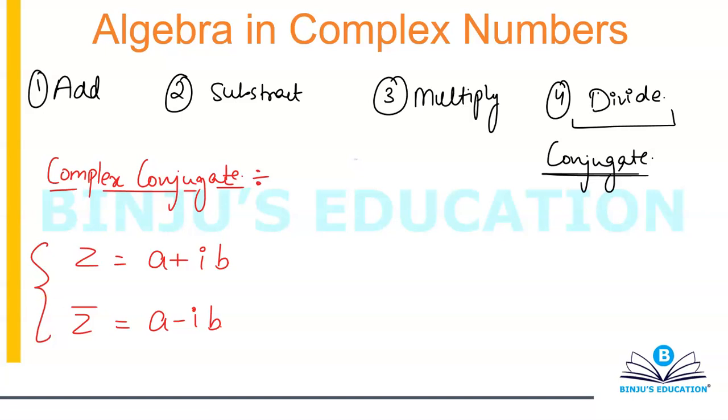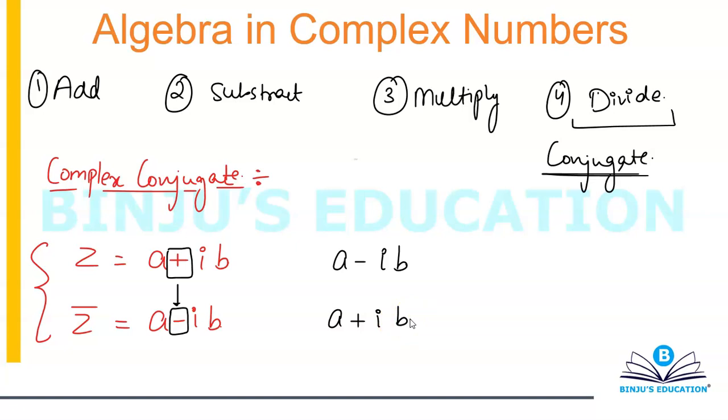Basically, the bottom line is this sign will change. If it is positive, it will become negative. If it is negative, then it will become positive. So if you had something as a minus iota b, then the complex conjugate of this number is a plus iota b. The sign will interchange.